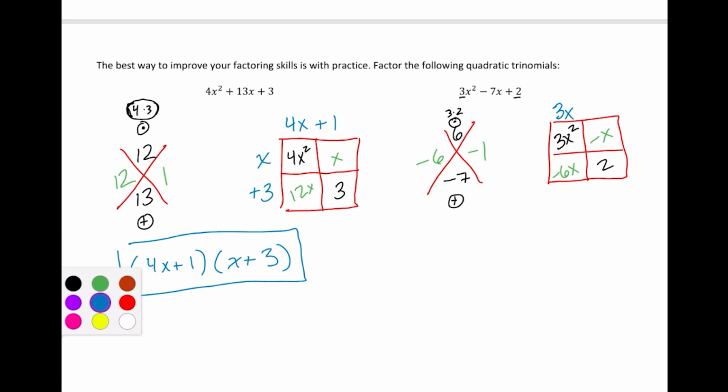For the second row, the second column, negative x and 2, if that leading term has a negative in it, so in this case, negative x, factor out a negative number as a GCF. So in here, the GCF will just be negative 1.